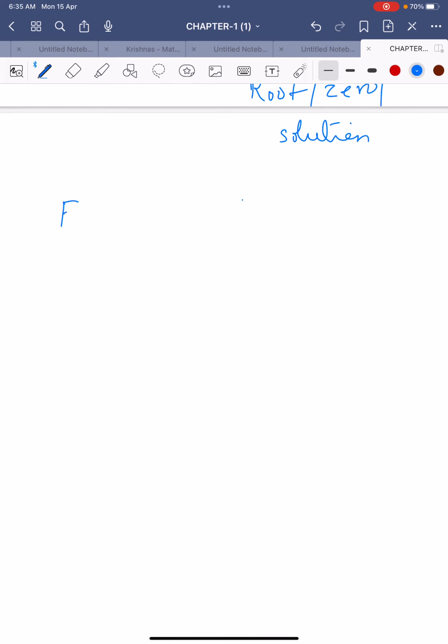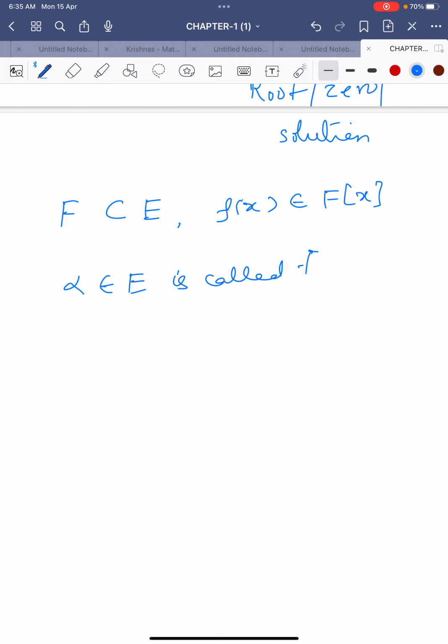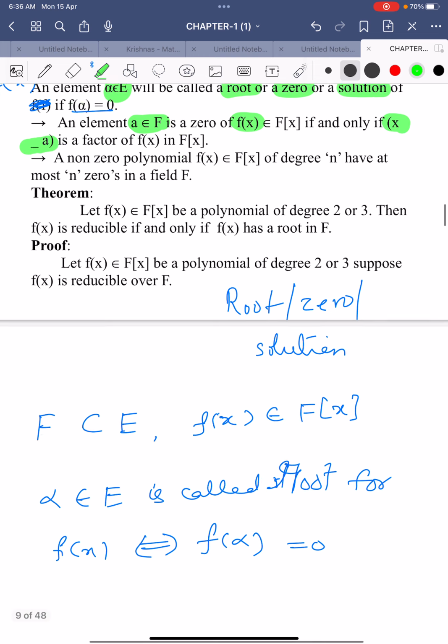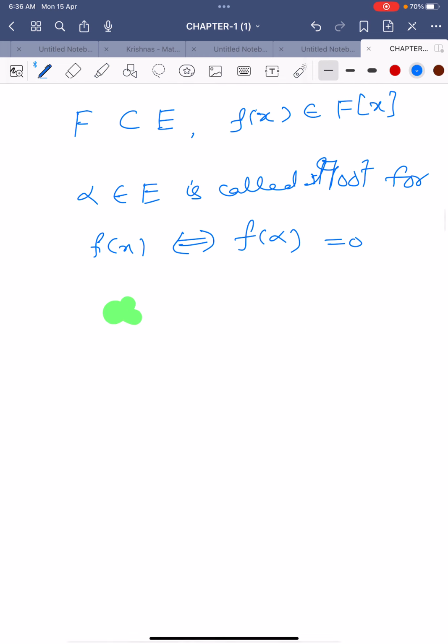So remember that capital F is a field contained in another field capital E, and there is a polynomial f of x defined over capital F of x. An element alpha belonging to capital E is called a root of the polynomial f of x if and only if it satisfies the condition f of alpha is equal to 0. And an element a belonging to F is a zero of the polynomial f of x if and only if x minus a is a factor.